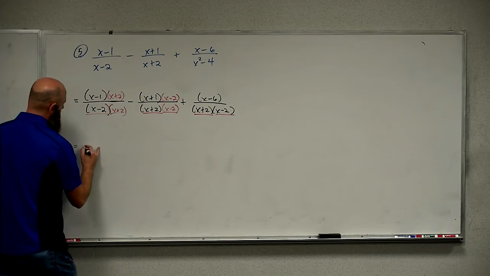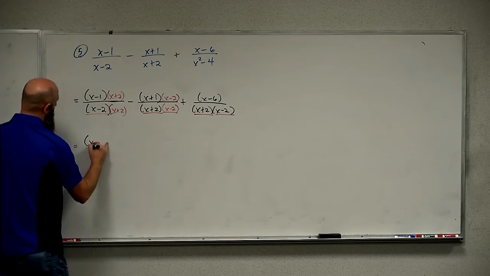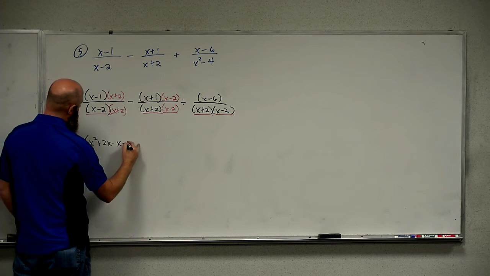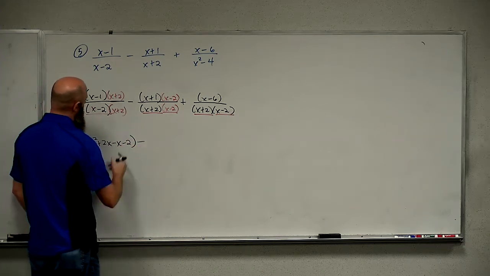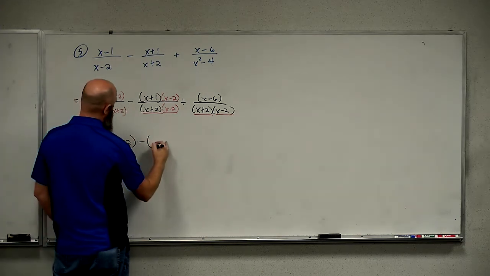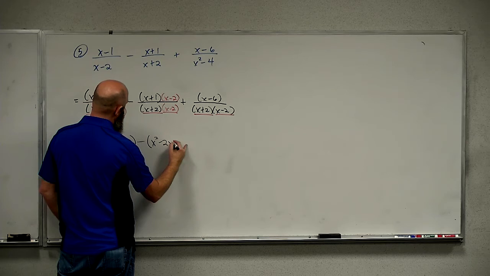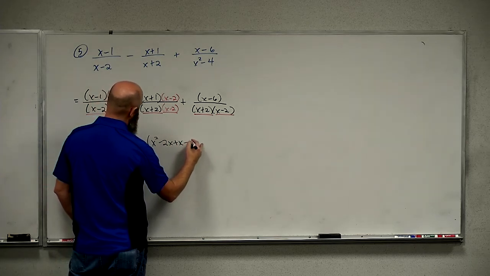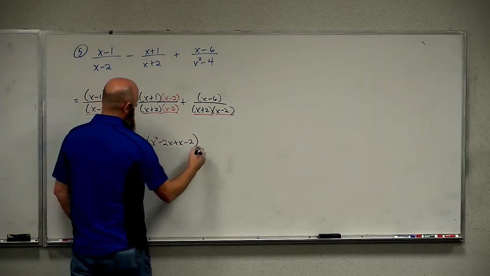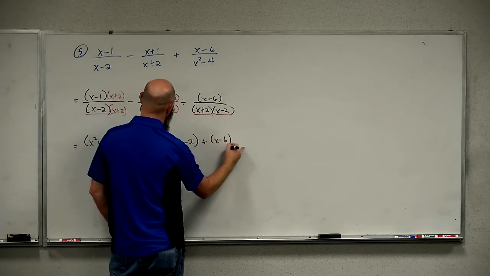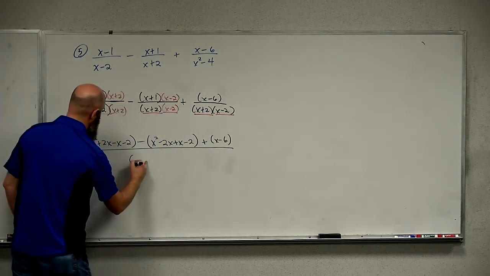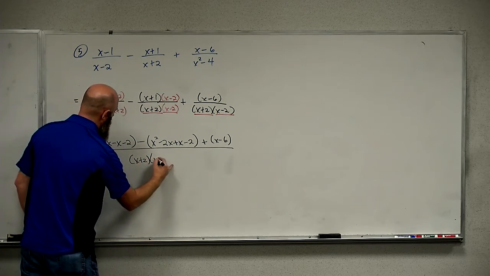So for this first one, I'm going to get (x squared plus 2x minus x minus 2). There's my minus sign. You get (x squared minus 2x plus x minus 2). And then plus (x minus 6). And then on the bottom, we're just going to get (x plus 2)(x minus 2).